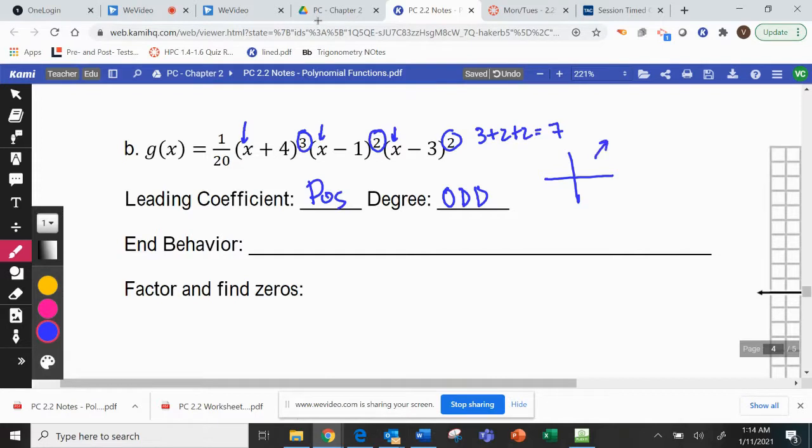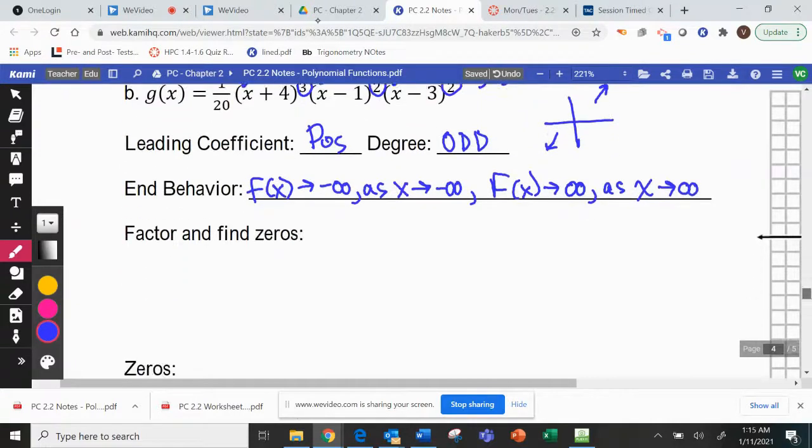Positive, it's going to end up like this. So end behavior: f of x approaches negative infinity as x goes to the left, and f of x approaches positive infinity as x goes to the right.